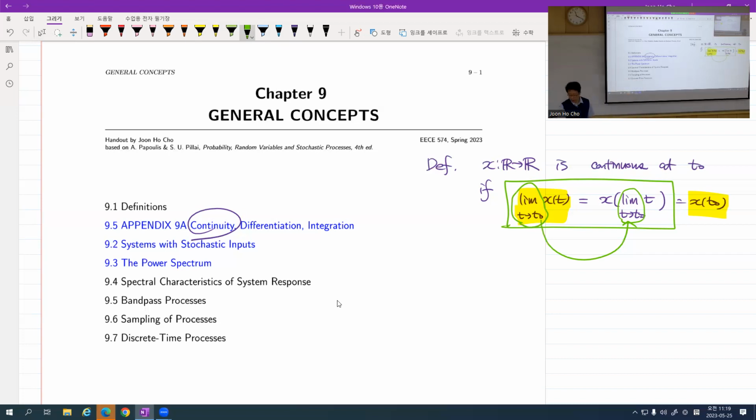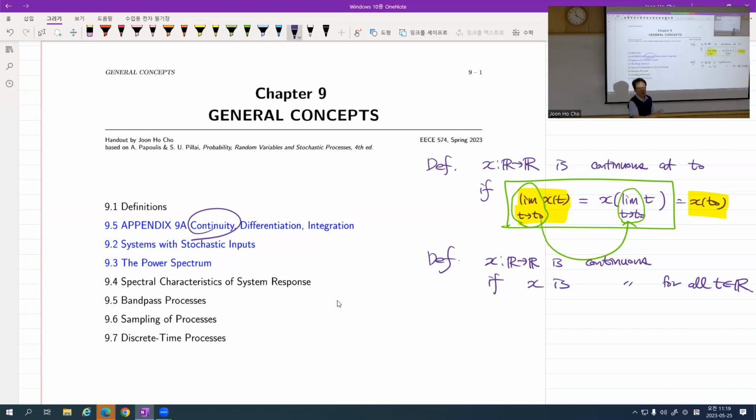What if this above thing holds for all t0? Then x is continuous if x is continuous for all t. Got it? So there are 2 notions of continuity. Continuous at a point.